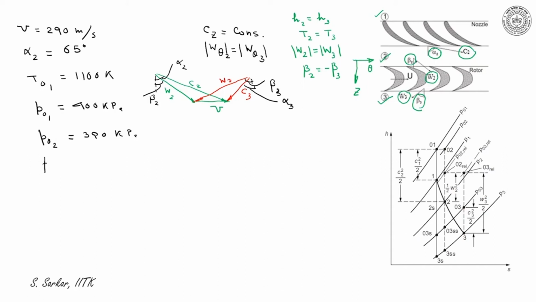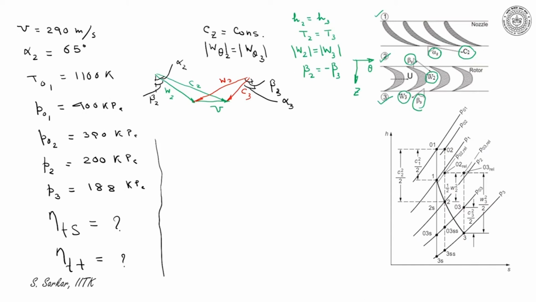P2 is 200 kilopascals. P3 is 188 kilopascals. We'll have to evaluate eta total to static and eta total to total.